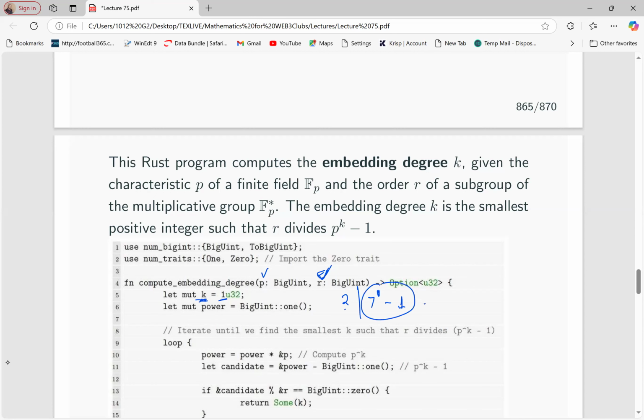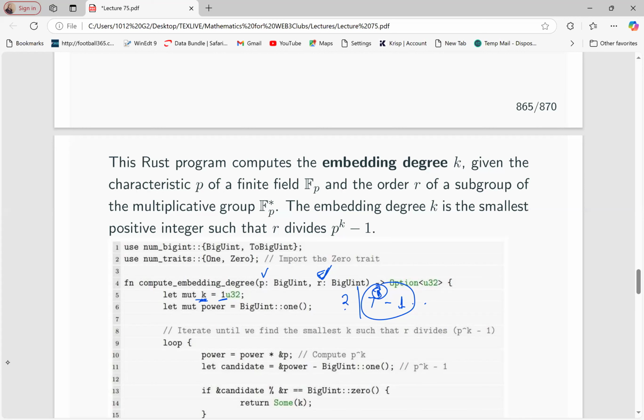If 2 cannot divide that, it changes k. So k now changes to 2. So 7 raised to 2 minus 1. If 2 cannot divide that, it changes this to 3, and so on until it finds a number that 2 can divide.